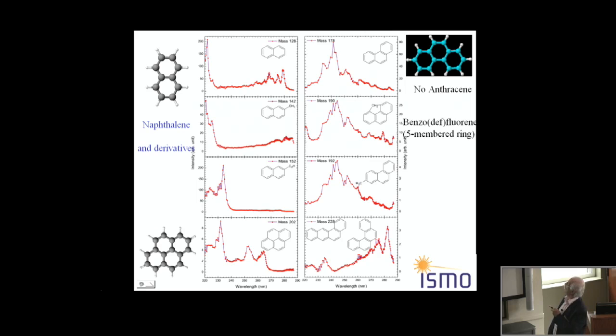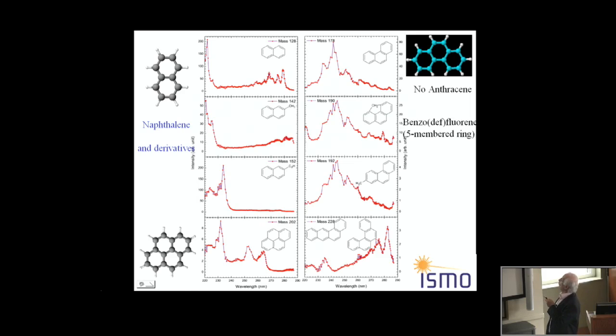Naphthalene, of course, comes first, and you can see that you have different kinds. Methyl naphthalene, we observe the 2-methyl. This is ethenyl.